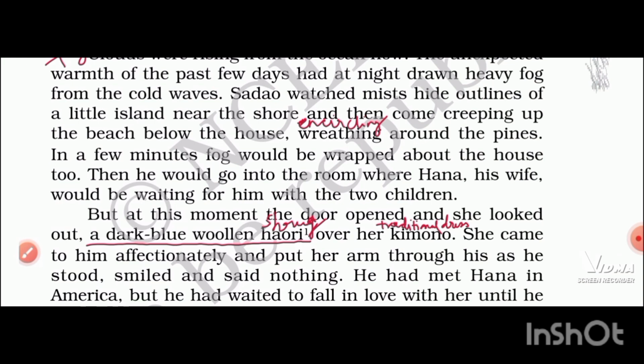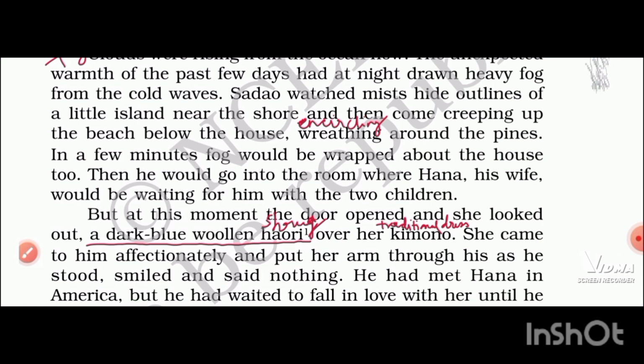Clouds were rising from the seaside, and the past some days were warm during night time, which was not exactly expected. So because of this, there was dense fog from the cold waves of the sea. Meaning that the fog was in the sea, and gradually that fog was going to cover the entire place.